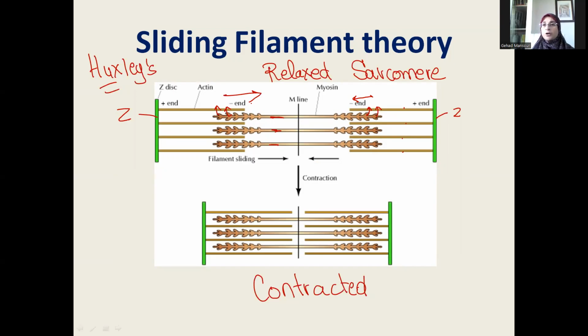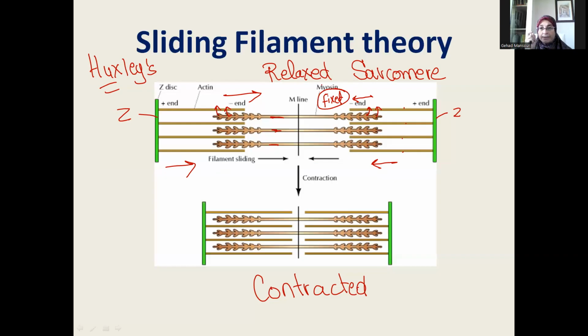So it all starts by myosin heads that get activated and anchor themselves to specific sites on the beads on the actin filament, and they start giving them strokes in order to pull them towards the center. So at the end of the day, it is actin that slides over myosin. Myosin filaments remain fixed in their places.